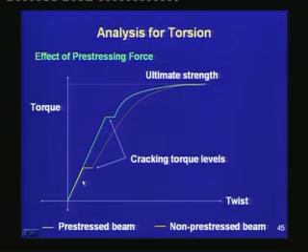For the reinforced concrete beam, the beam cracks at a certain level, and then after cracking, the twist increases, and after that we see the nonlinear behavior due to the nonlinear behavior of concrete.